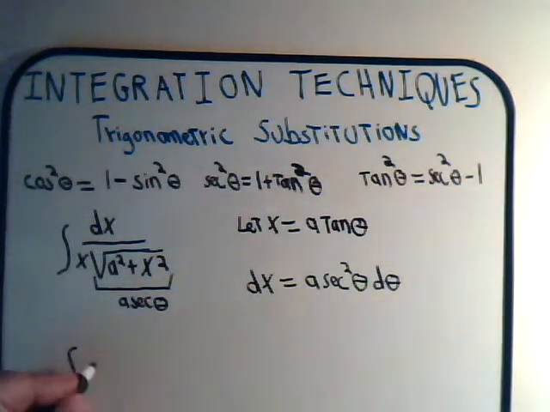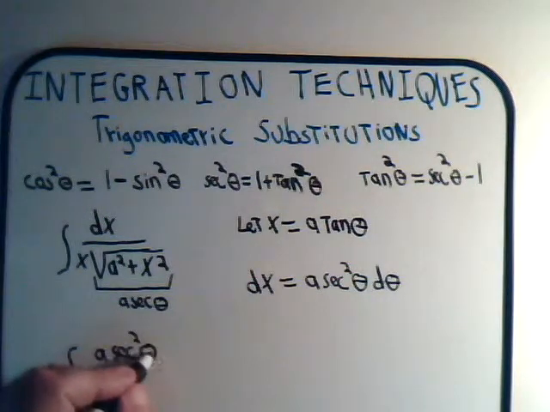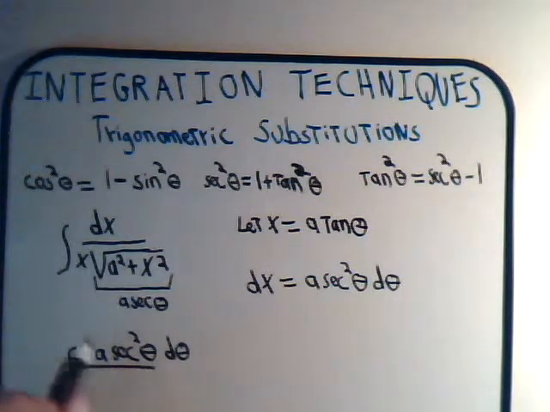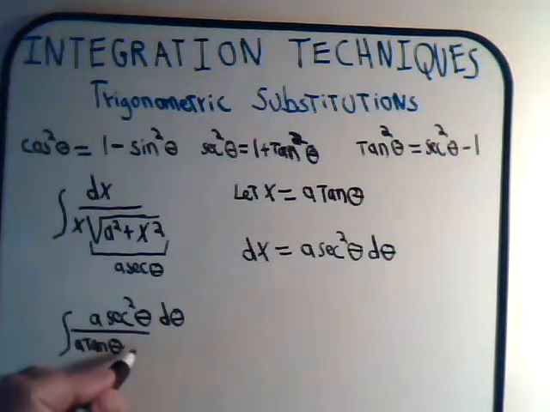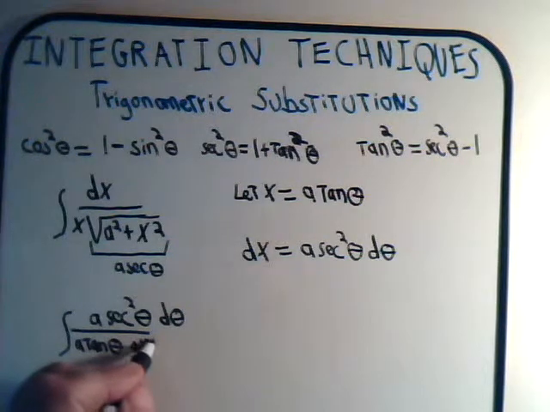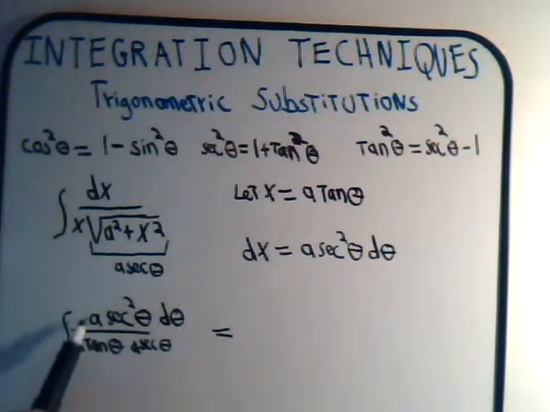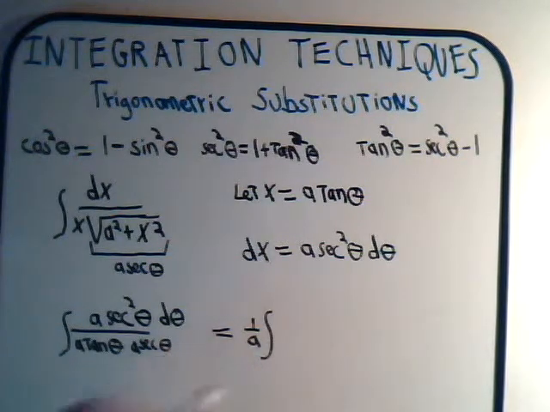dx, that's this, we have a secant squared theta d theta divided by x, that's this, a times the tangent of theta. And then we also have this, which is this, a times the secant of theta. And let's see what this gives us. A divided by a squared, that's 1 over a, it's a constant, we'll take it to the outside.